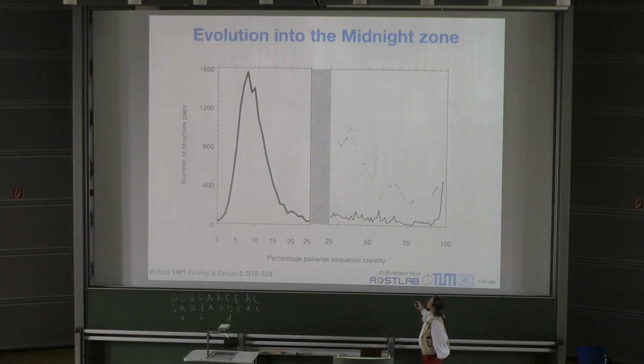And when I do that, I see, and the bar here means there's something that happens with the statistics, with the counting. The numbers here to the right should be lower than they actually are, but there are some issues here. But ultimately what you see is the vast majority of all the pairs of protein structures that are similar in 3D have very little sequence identity.